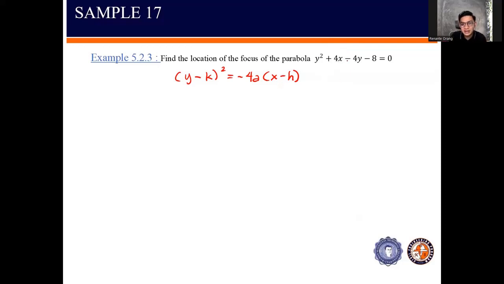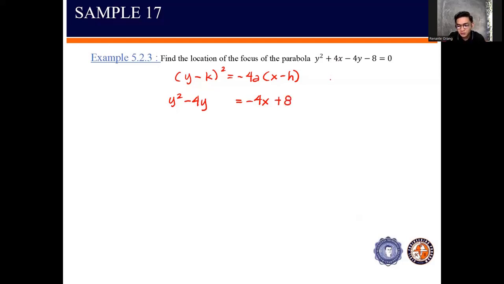Okay, so first thing is ililipat natin lahat to the other side, sa right side, yung x tsaka yung walang variable. Then yung iiwan lang natin dito na side is yung merong may squared, which is si y. So y squared minus 4y is equivalent to negative 4x plus 8. Ayan, so na-alter na yung sign niya, kumbaga.